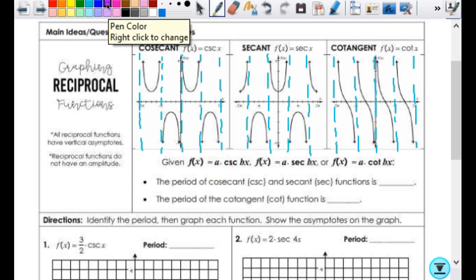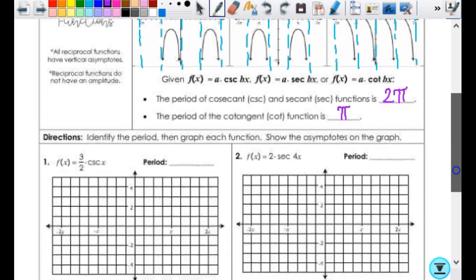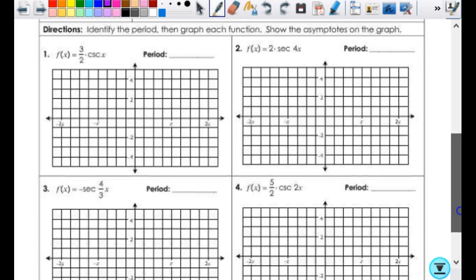And it says the period of cosecant and secant function is 2 pi. The period of the cotangent function is pi, just like their reciprocals. Okay. So we have to identify the period and then graph each function. There's really more that we need to identify besides just the period.